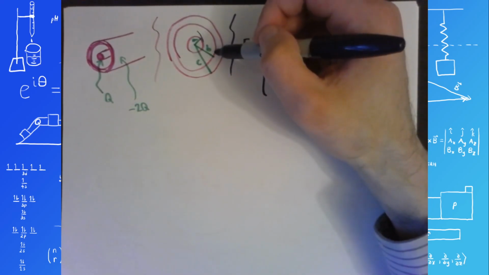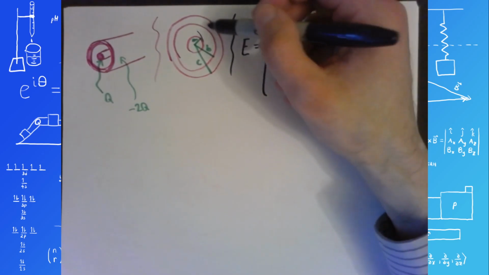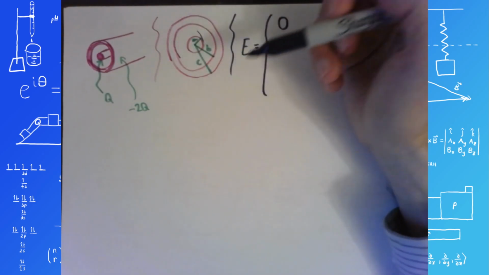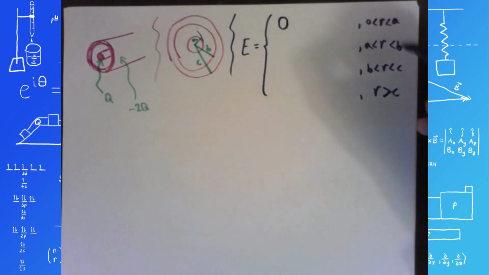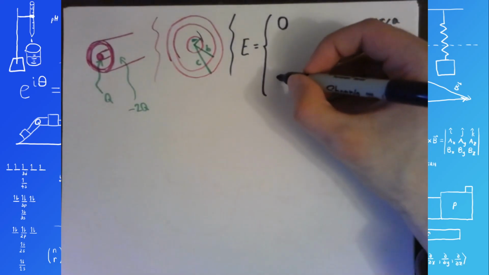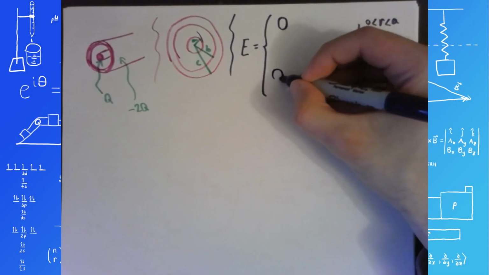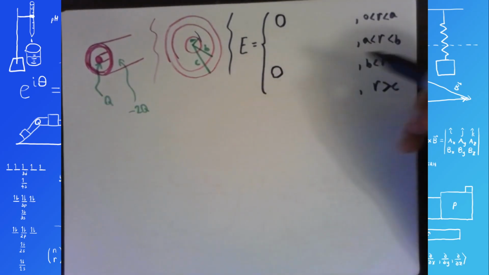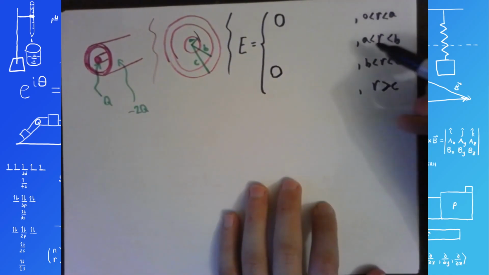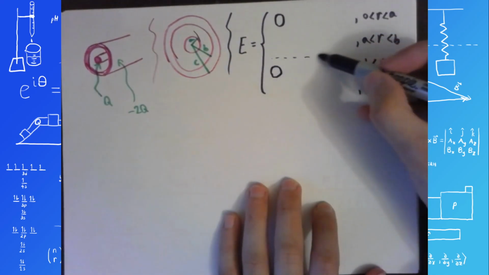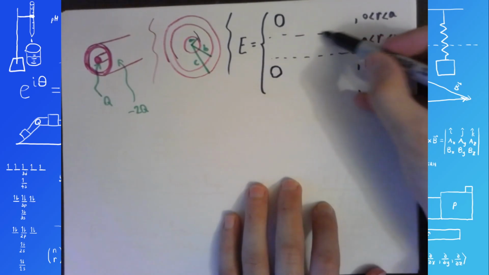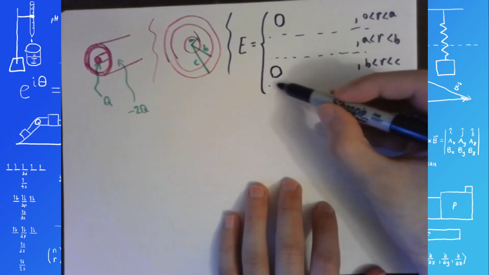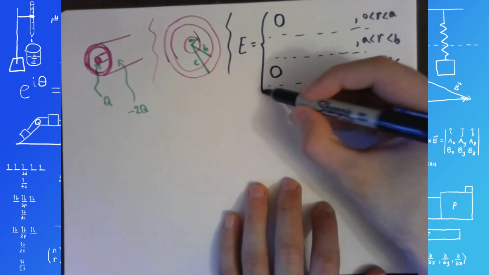And then our next region of interest, with radii between B and C, is where you're inside the body of another conductor. So for our third region of interest, we will have a 0 electric field. And that leaves whatever is going on in our second and fourth regions of interest.